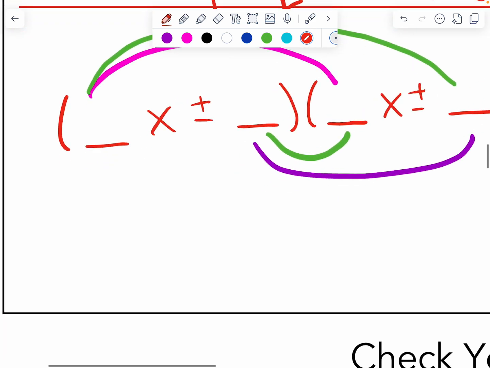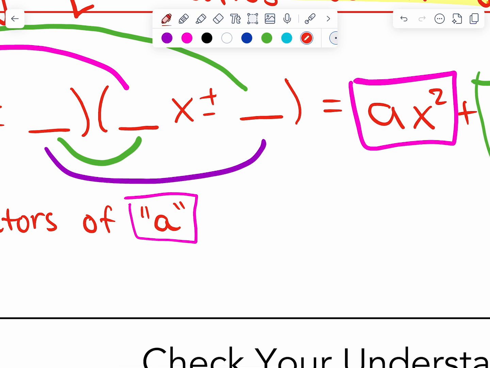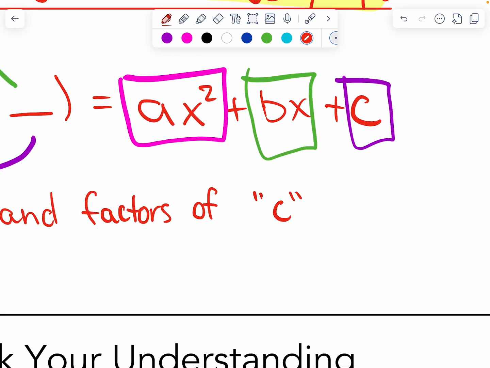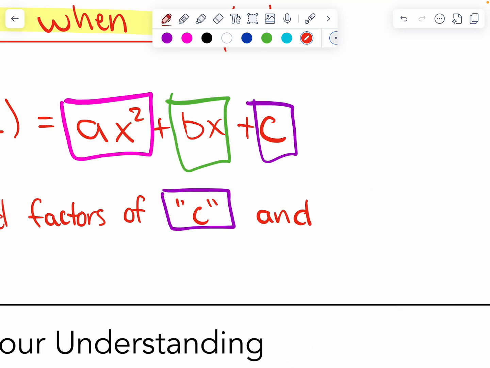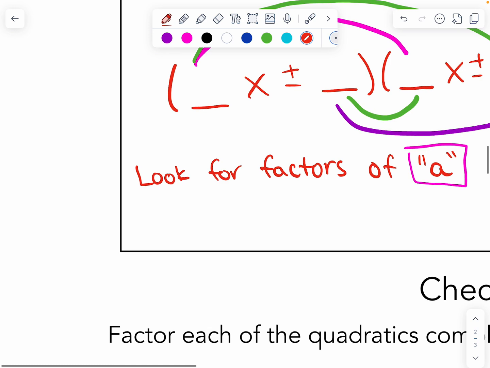So to sum it all up, look for factors of a and factors of c, and test which combos, right?